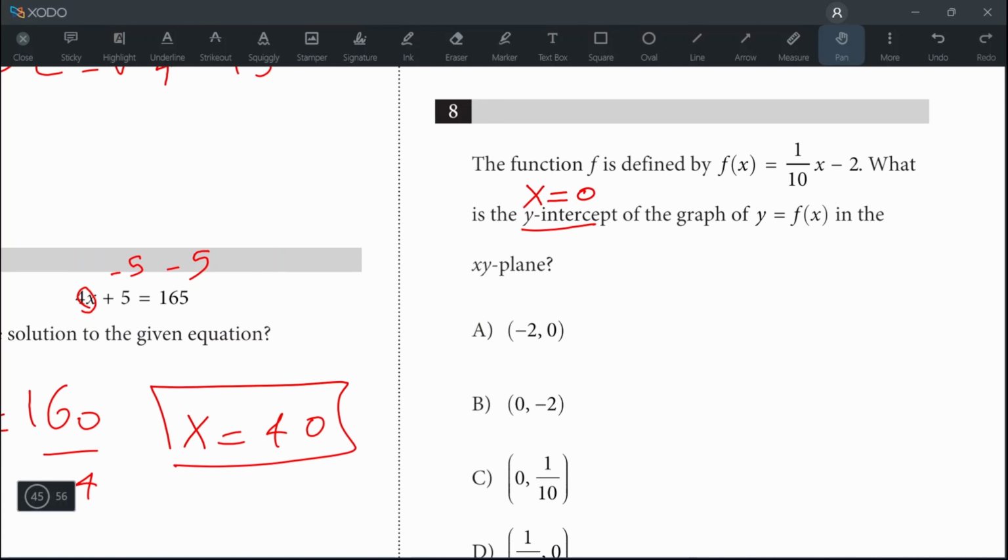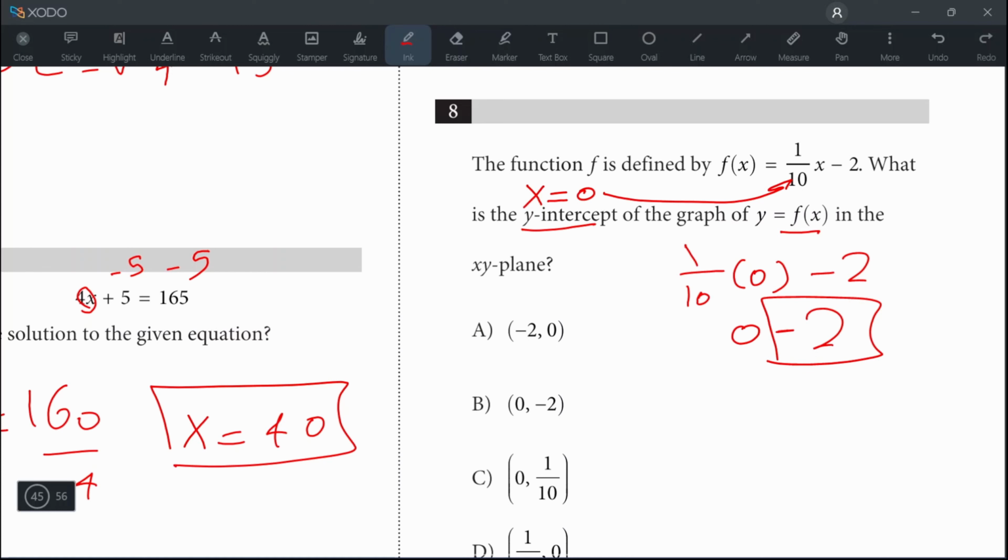So to know the value of f of x at the y-intercept, we should plug the value of zero into the function. So we will have 1 over 10 multiplied by 0 minus 2. 1 over 10 multiplied by 0 is just 0, so we're left with negative 2. So the y-coordinate of the y-intercept is equal to negative 2. So the answer for this question is choice B.